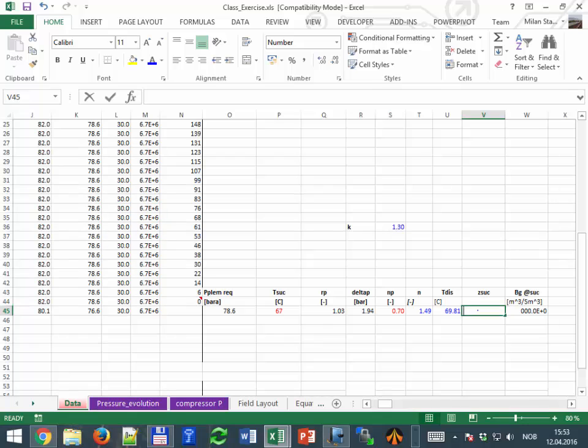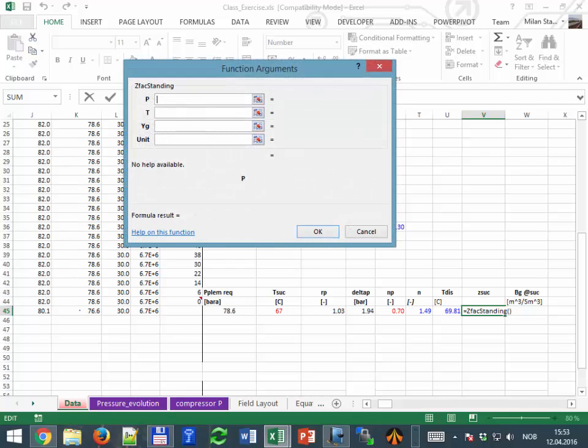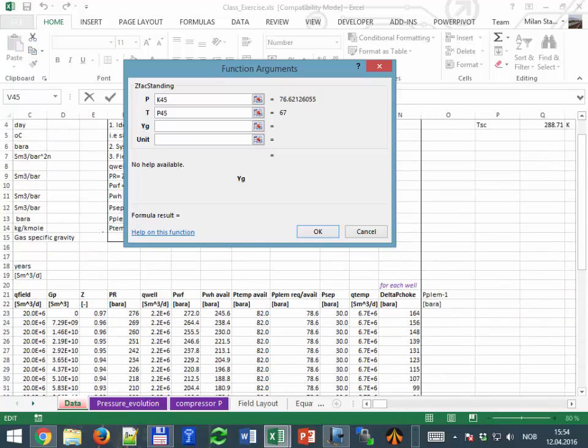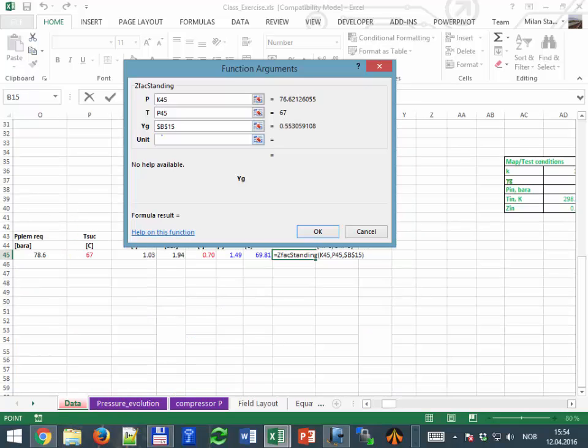has no units, and here I use C fact standing, and the pressure at the suction, which is this one, the temperature at the suction, which is this one, the specific gravity, which is here, and I blocked this one. And the units, you remember which one was field and which one was metric? 2 is metric?